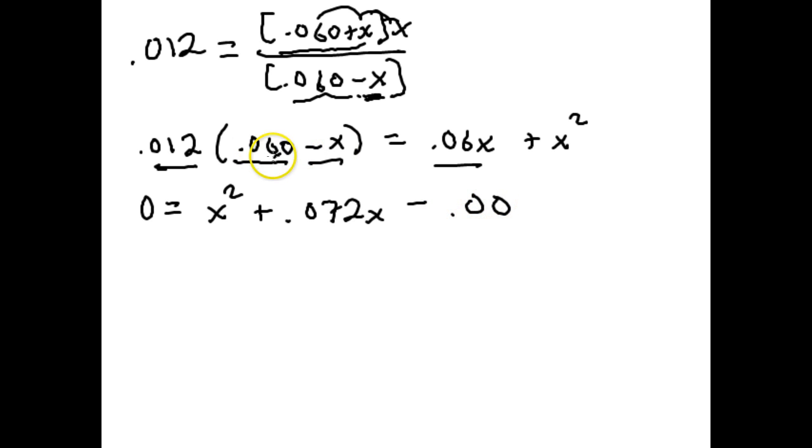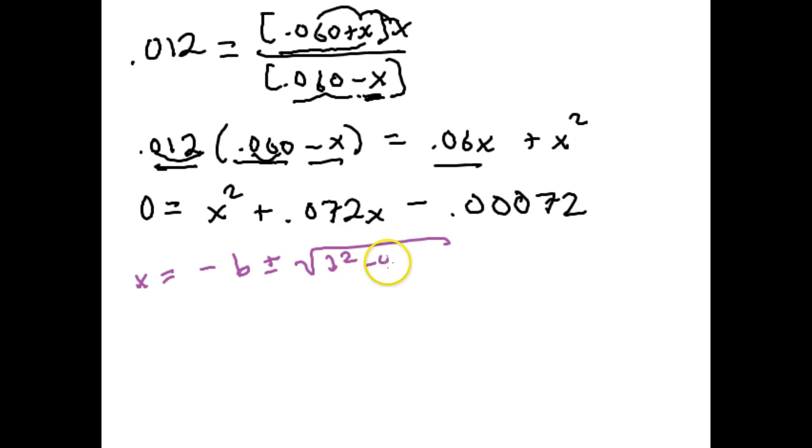Now here's a quadratic equation. You would use your calculator to solve this. I don't have such a calculator, so I'm going to use the quadratic formula. This will take just a few seconds, I hope.